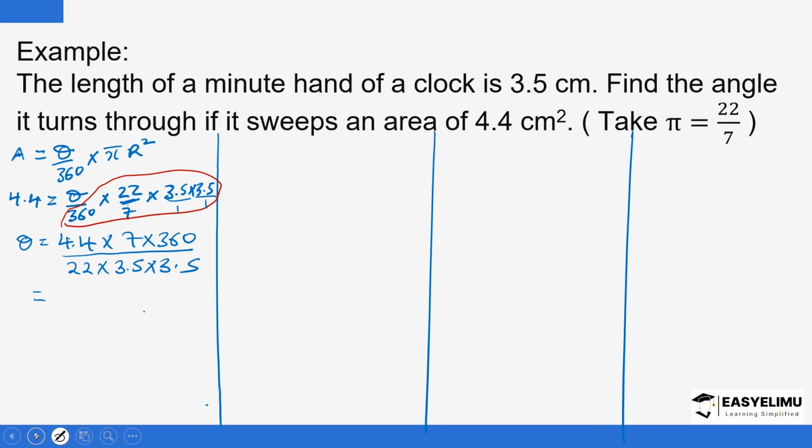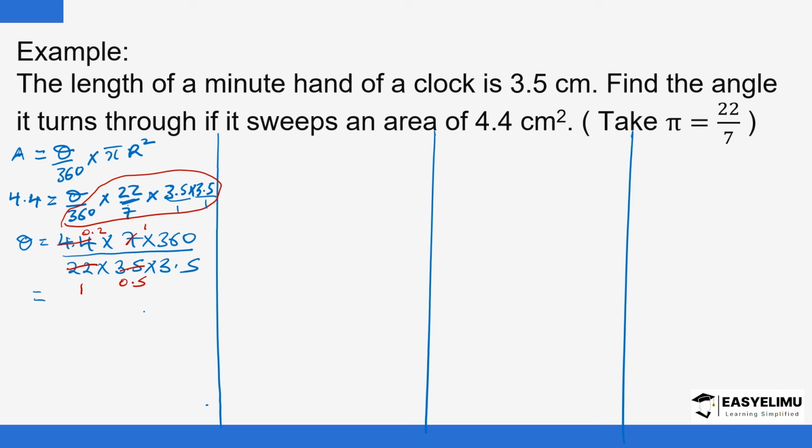Now we can try to cancel or simplify further. 7 goes into 7 once, and into 3.5 it gives 0.5. 22 goes into 4.4 giving 0.2, and into 22 once.